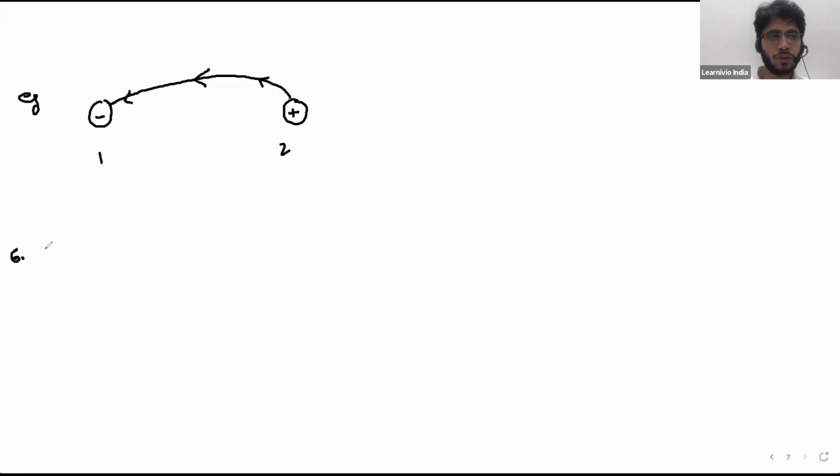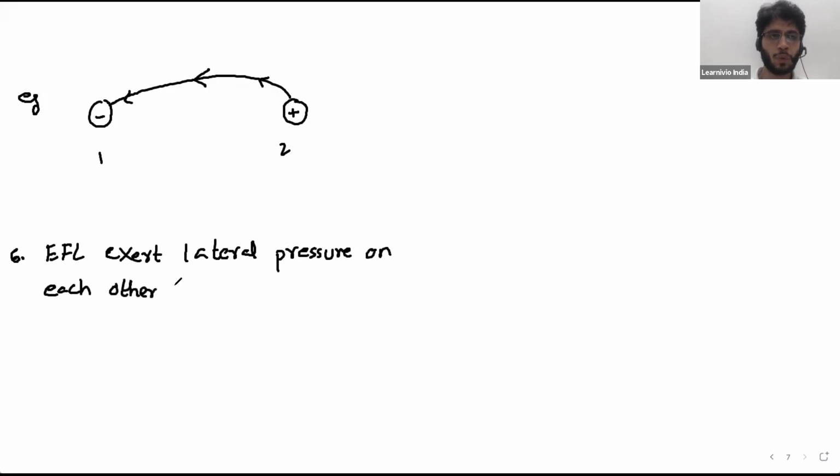Okay. So the next property is electric field lines exert lateral pressure on each other, which explains repulsion of like charges.